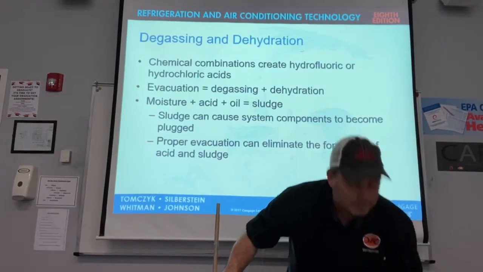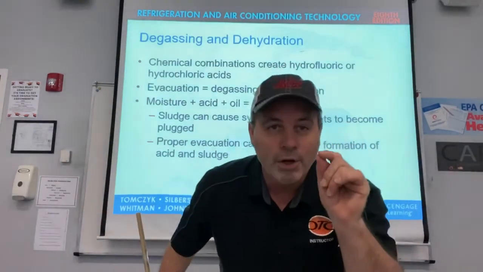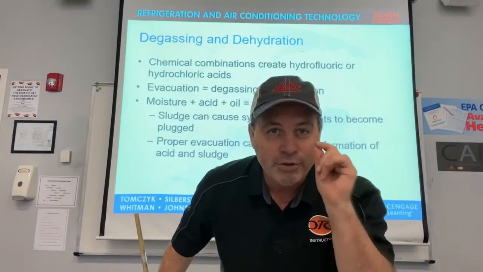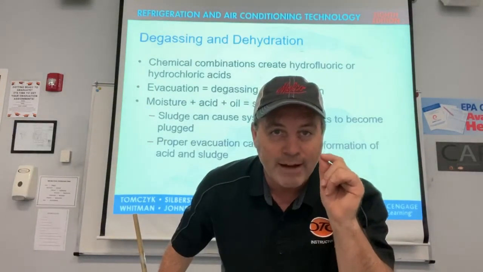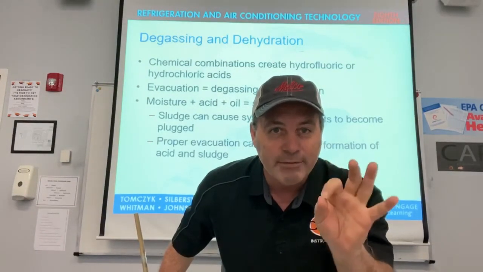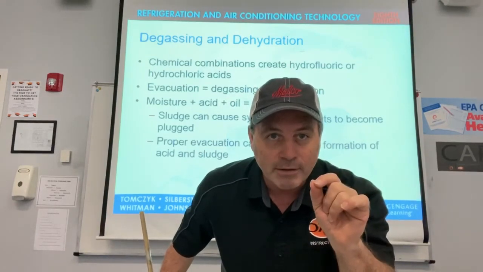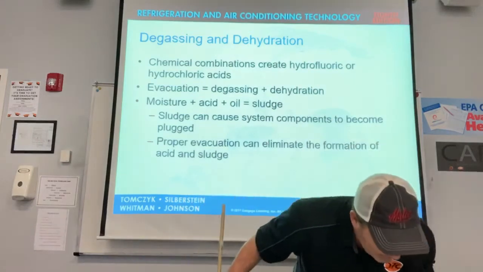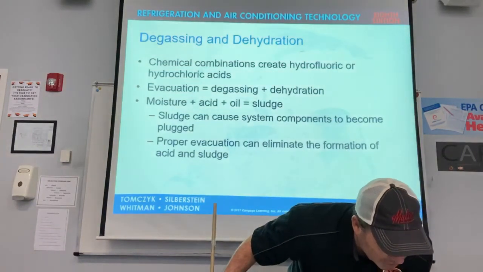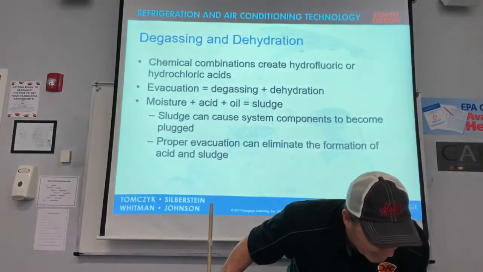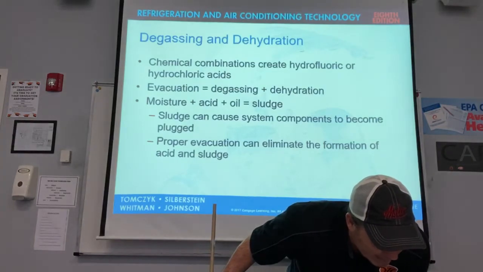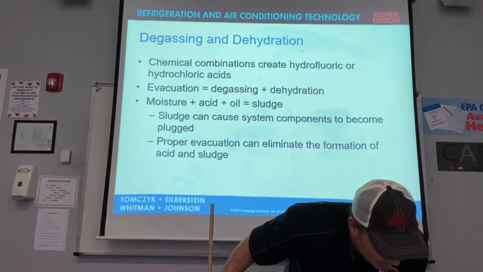After acid forms, you don't run a good evacuation. You don't dehydrate with a low enough vacuum, and guess what? You leave moisture in the system. That becomes an acid. What happens next? When acid forms, the motor windings deteriorate, metal corrodes, and sludge starts to form.